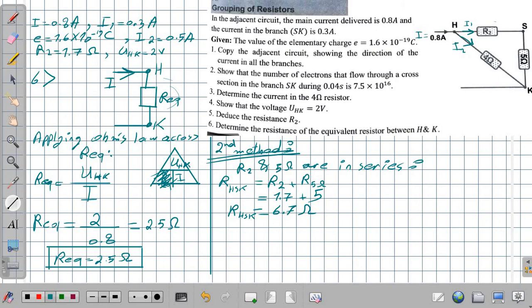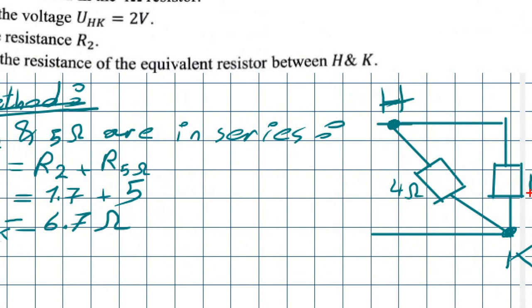خلونا نرسم شو حيطلع معنا. لا ننسى انه التيرمينالز للR2 وال5 اوم اللي هن HK حيصيروا التيرمينال لمين؟ للRHSK. وفي عنا also الR ال4 ohm. بنلاحظ كمان هون انه التو resistors مشتركين ب two common points وبالتالي هن in parallel.